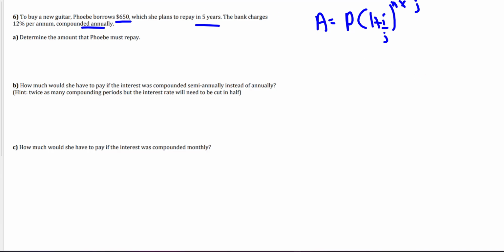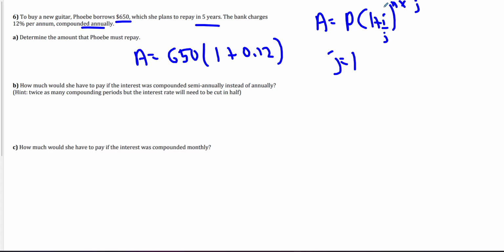All right, let's start. Determine the amount that Phoebe must pay. So Phoebe must pay my principal, which is $650, times 1 plus, what's my interest? 12%. So 0.12 divided by J. Now, if it's annually, my J value is 1, so anything divided by 1 doesn't do anything.